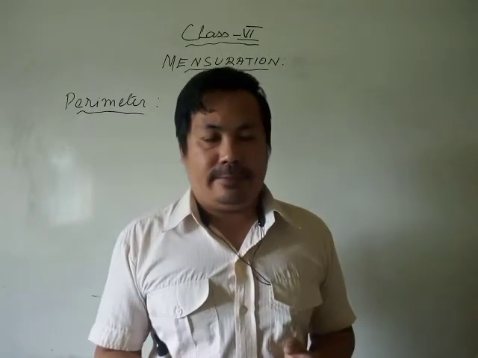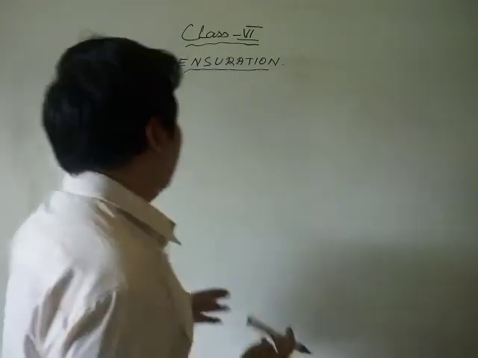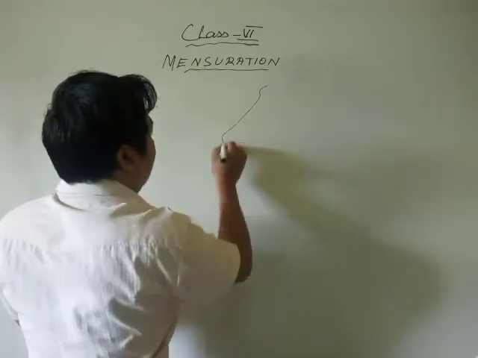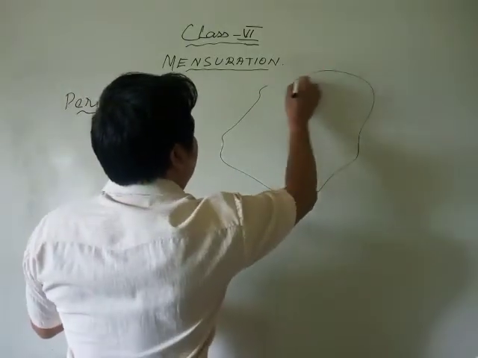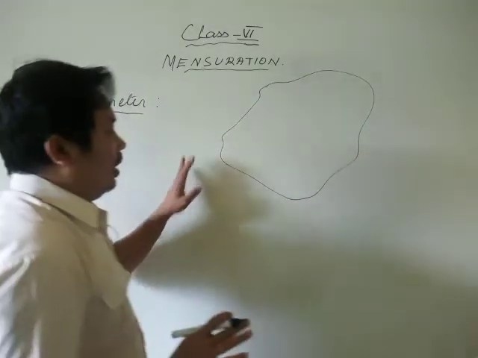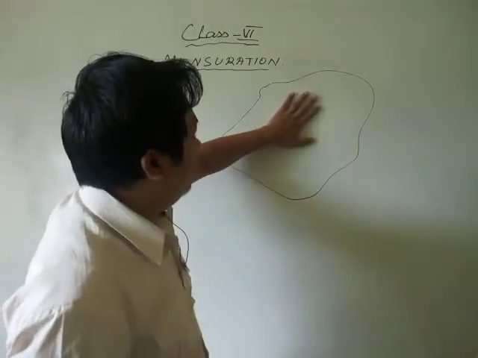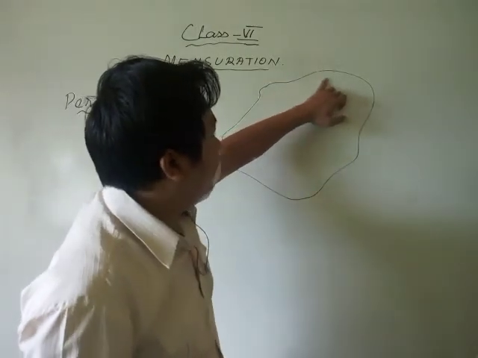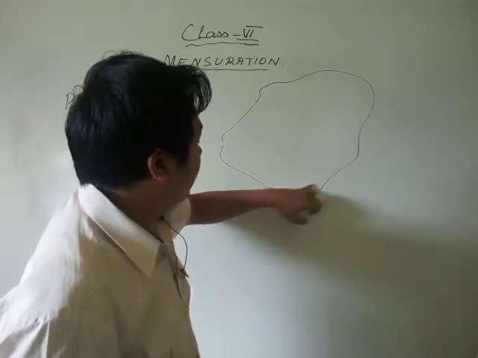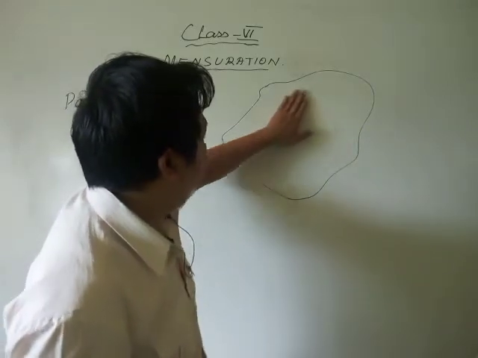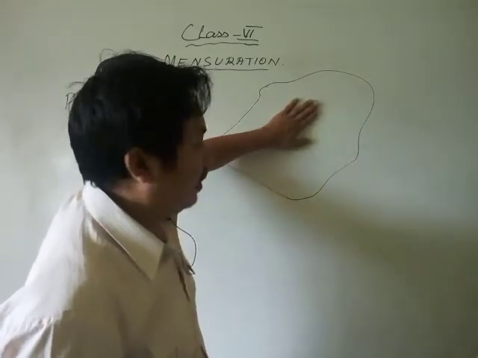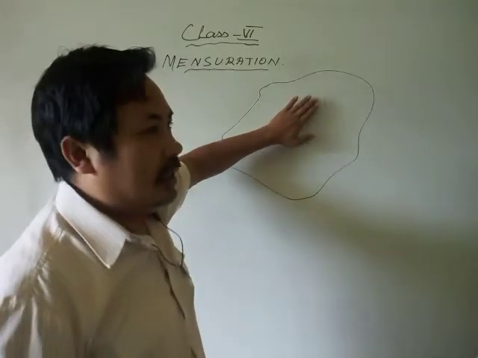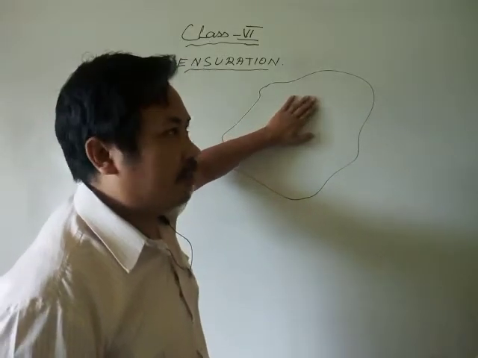It could be any shape, like this, like this. Suppose this is a shape, and in this shape you will see a line running through its edge. This is a figure called an irregular figure. This irregular figure has its boundary line.